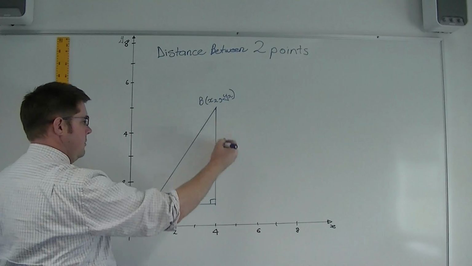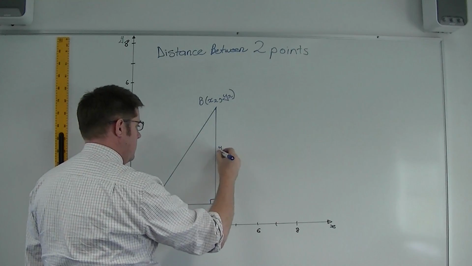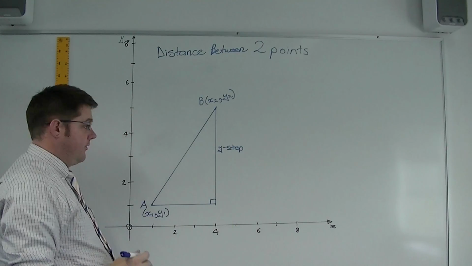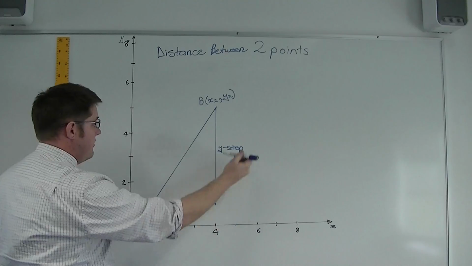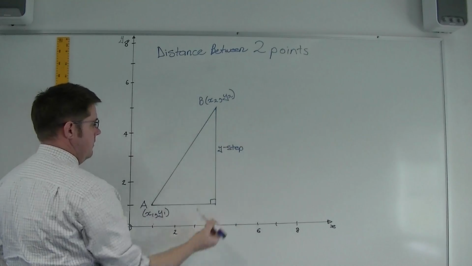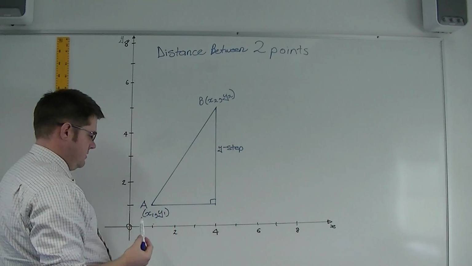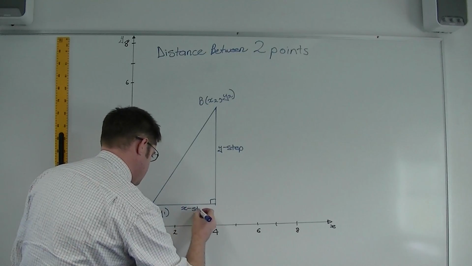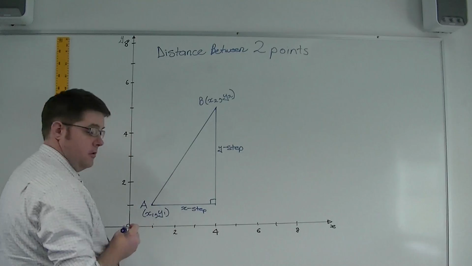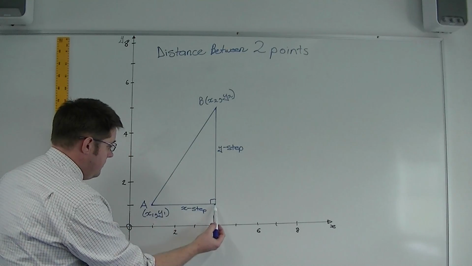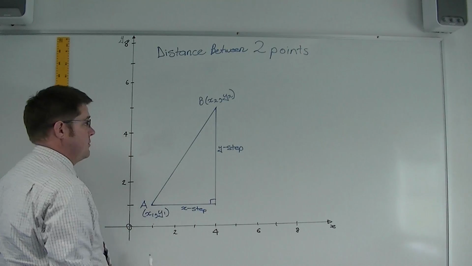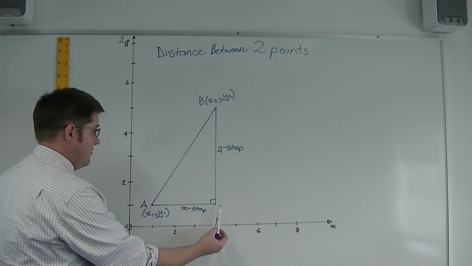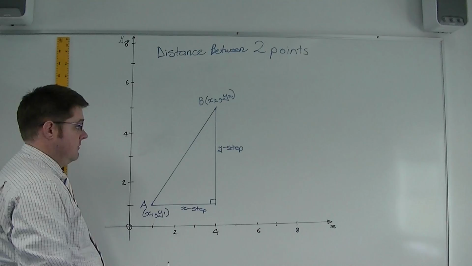So if I wanted to, I could label this the y step. What that means is the increase in y to get between these 2 coordinates. Similarly, I can label this the x step. This is the amount that x has to increase by to get from A to B. So you can see I've broken it up into 2 components.